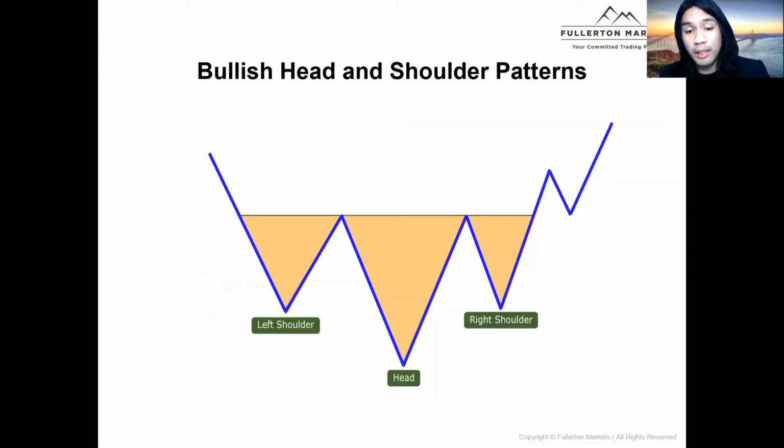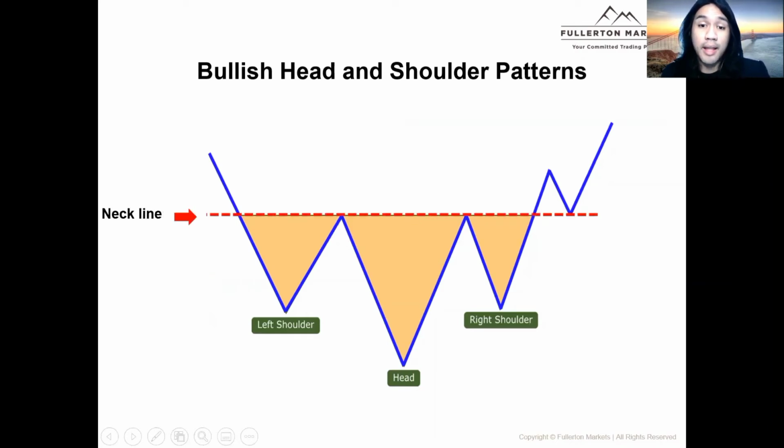All right? We have the left shoulder, the head, the right shoulder. And once again, the neckline. As is with the bearish, everything is the same with the bullish head and shoulders pattern, except they are inverted and they have different meanings, okay?